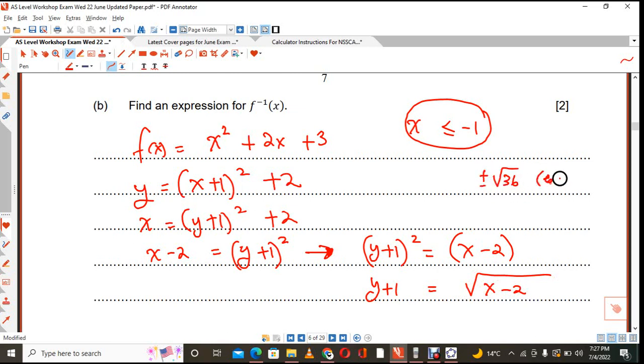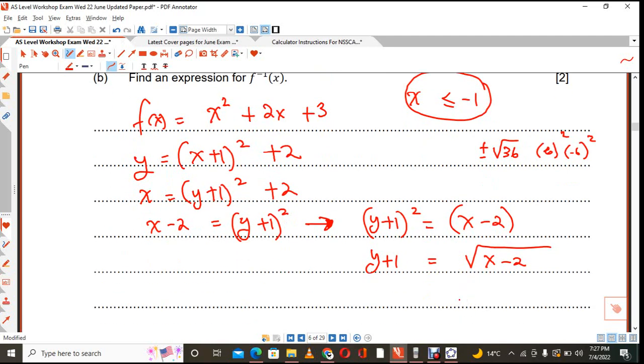Because negative 6, if you square it, you're going to get that value. Is that clear? But let me finish making y the subject. So it's going to be y equals, I'm leaving this out for now, I'm going to explain my point, minus 1. Please make sure that minus 1 is outside the root.